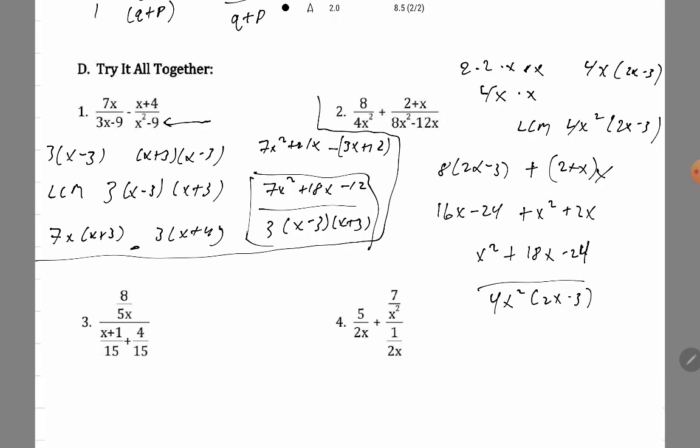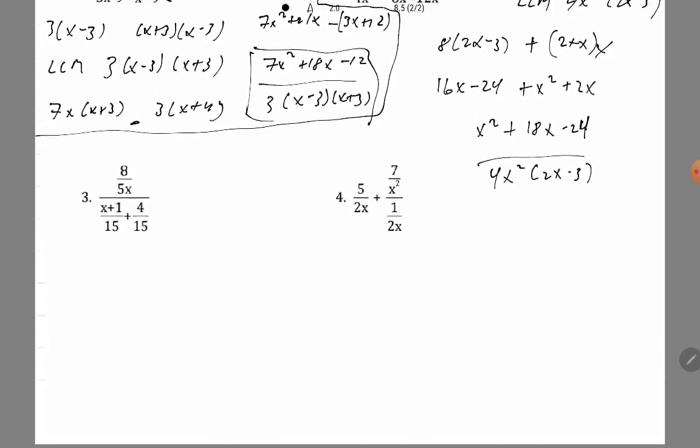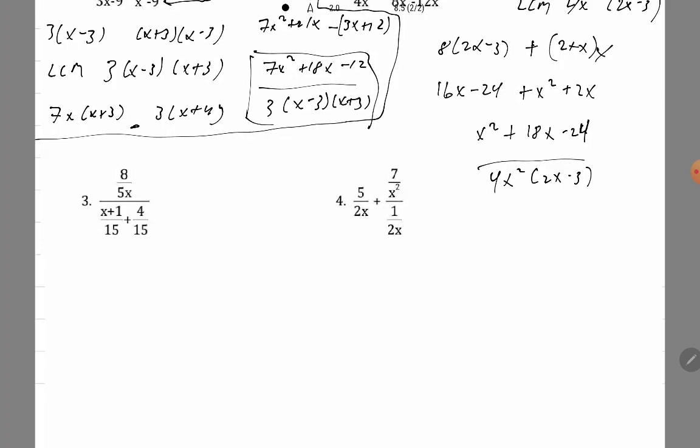Okay, number 3. So we got these fractions over fractions. Oh, well, this one's simpler because both of these denominators are the same, so I can add them together. So this is just 8 over 5x divided by x plus 1 plus 4 is x plus 5 over 15.